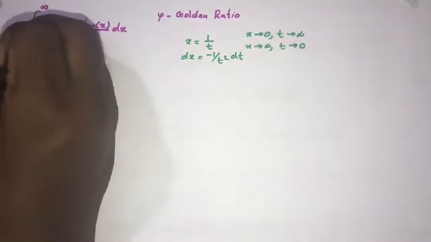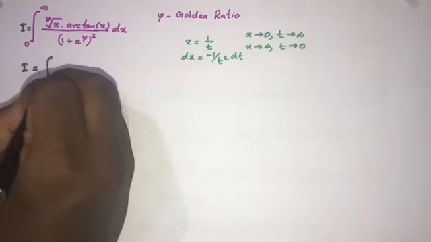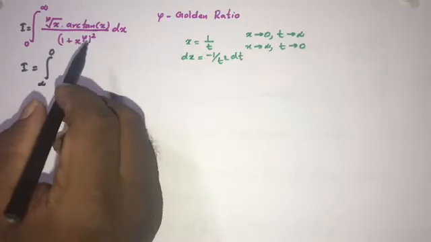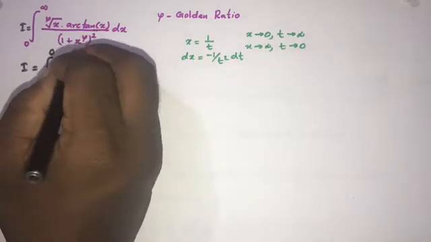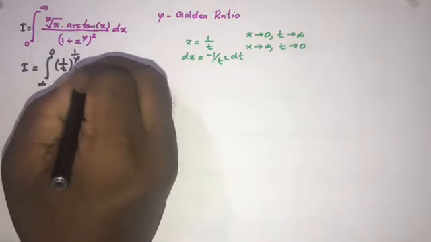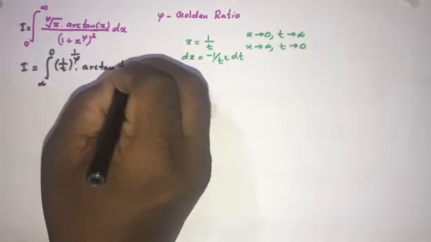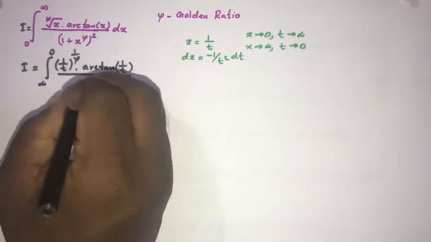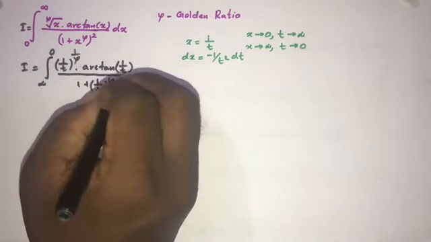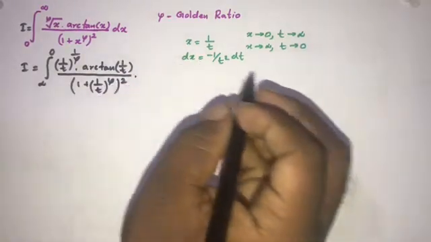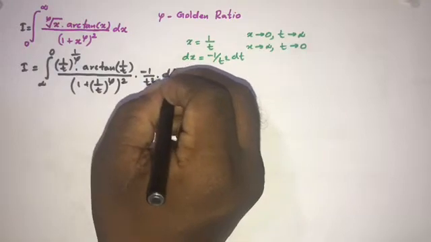So we can take this is equal to I, and now I is equal to, with limits infinity to 0, x is 1 over t, so we can write (1 over t) raised to the 1 over φ times arctan of x is equal to 1 over t, over 1 plus x, where x is again (1 over t) raised to the φ, squared, dx is minus 1 over t squared dt.